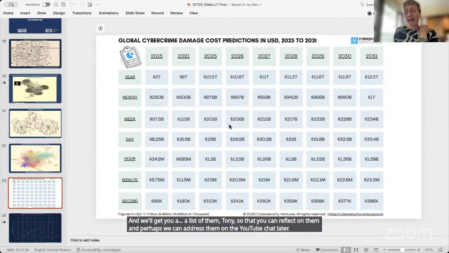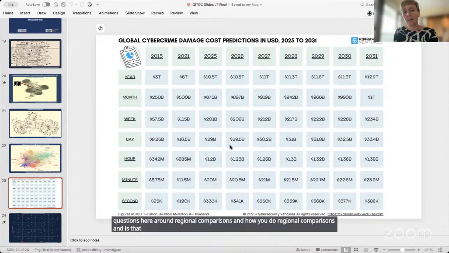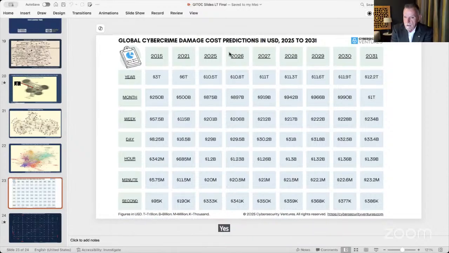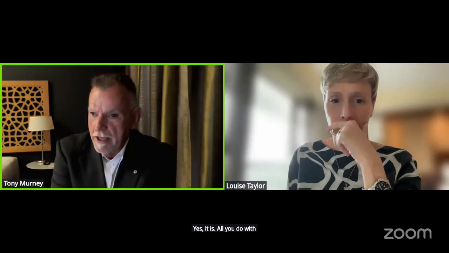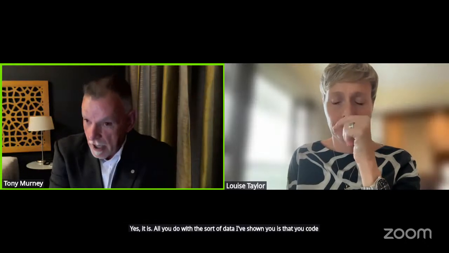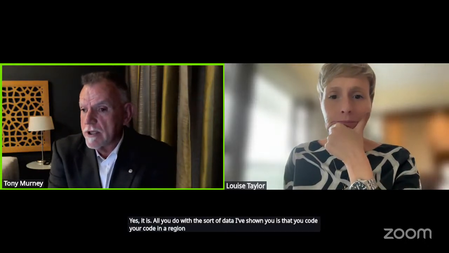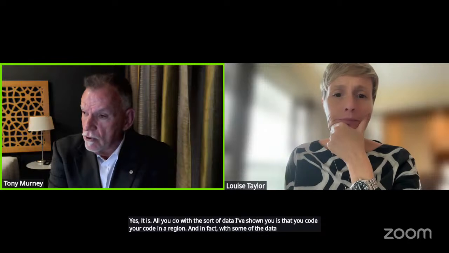Just one, I have 2 minutes left, so can I ask a very quick final one, which is there's some questions here around regional comparisons and how you do regional comparisons, and is that possible and plausible? Yes, it is. All you do with the sort of data I've shown you is that you code in a region. And in fact, with some of the data, it's already coded.